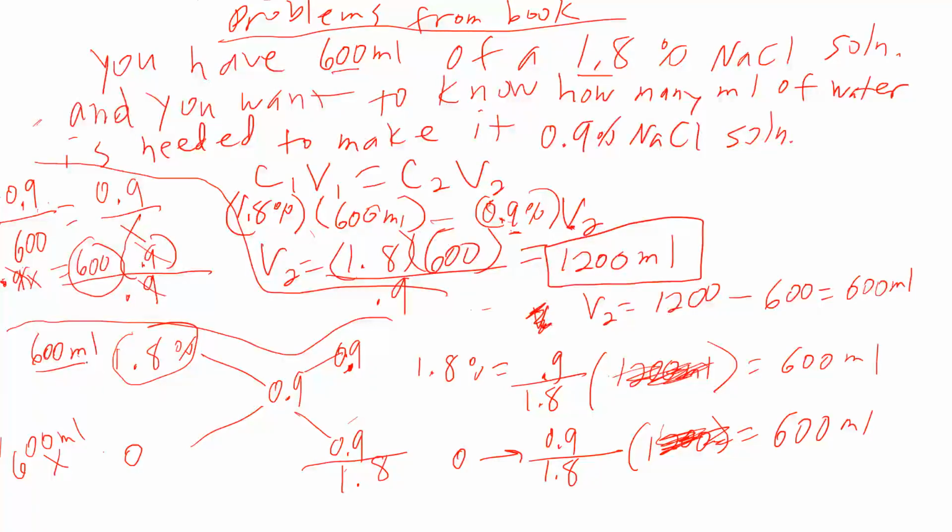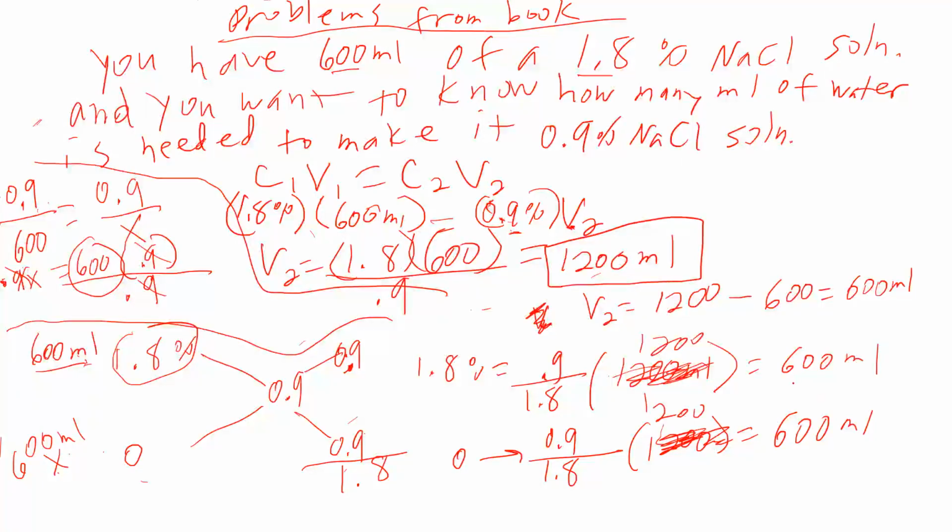It's 600 mils here, we don't know X, so we just say 0.9 over 600 equals 0.9 over X, and we solve for X, and we see that X is 600 mils. So it checks out. So now we do know that the total quantity is 1200.